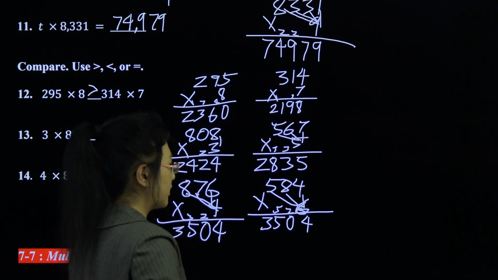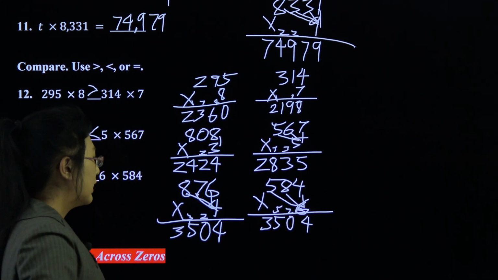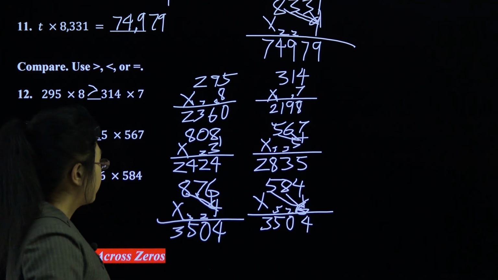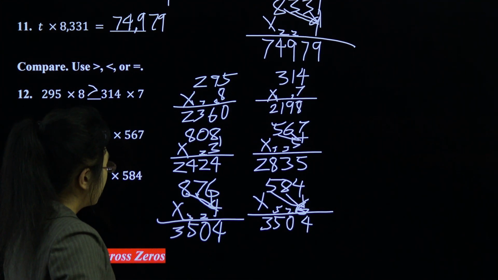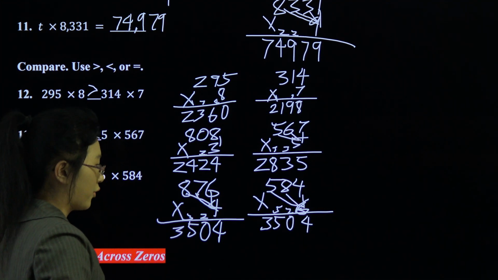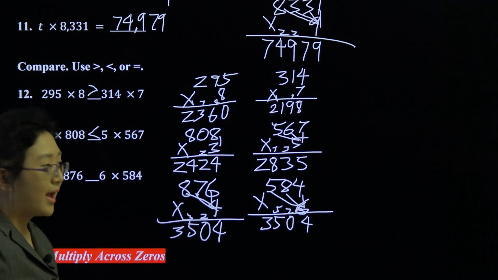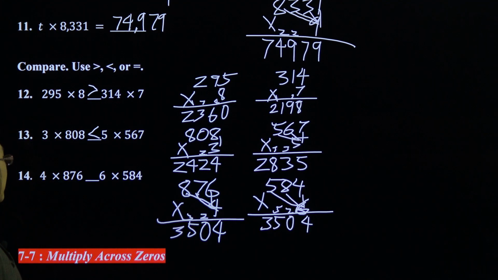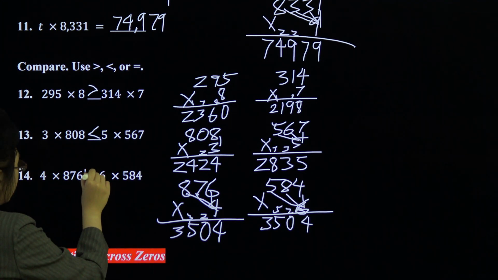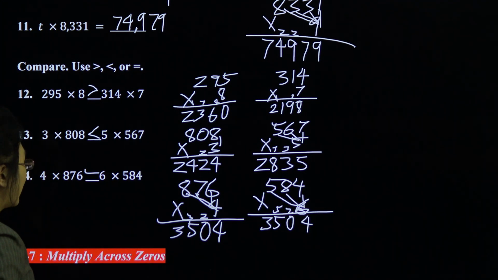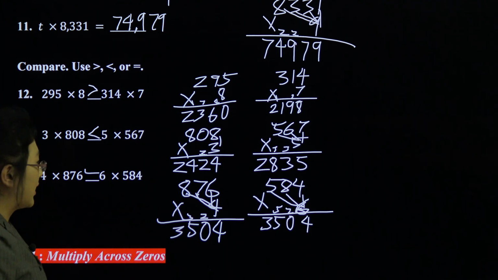Nothing in the thousands place, so you just drag the 3 down. For both of these, you get 3,504, which means that 4 times 876 is equal to 6 times 584.